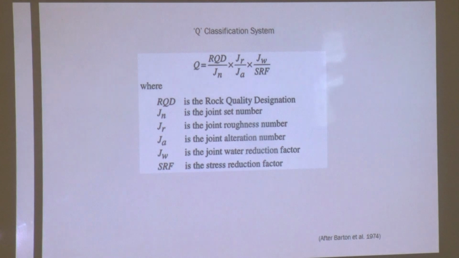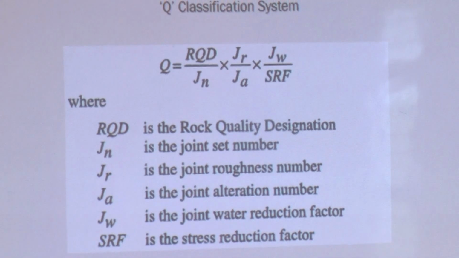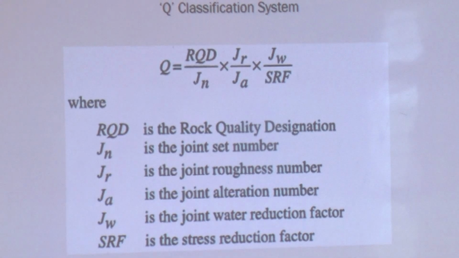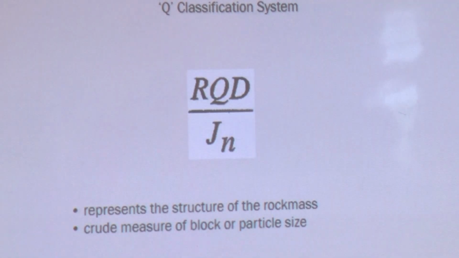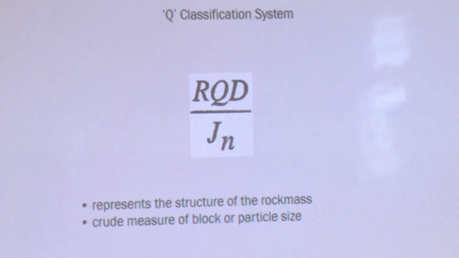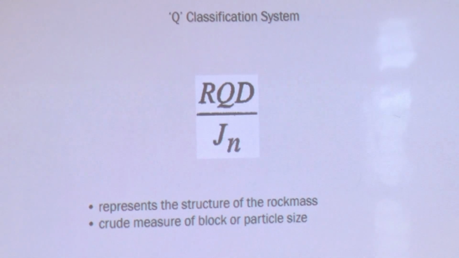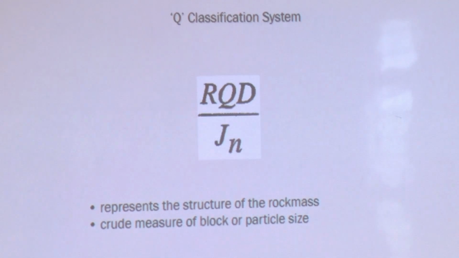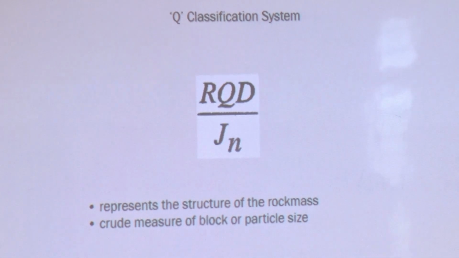They consider RQD, joint set number, joint roughness number, joint alteration number, water reduction factor, and stress reduction factor. But they have not considered joint orientation. RQD divided by Jn will tell you something: RQD is representative of the joint population, so RQD by Jn basically tells you the block size, geometrically.